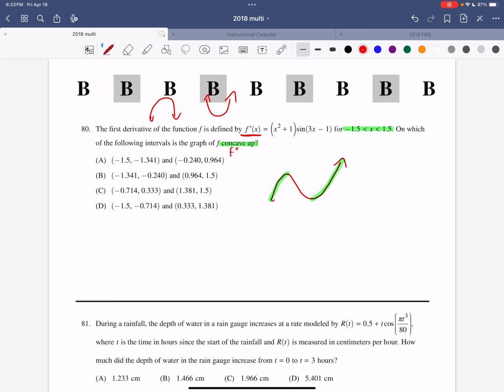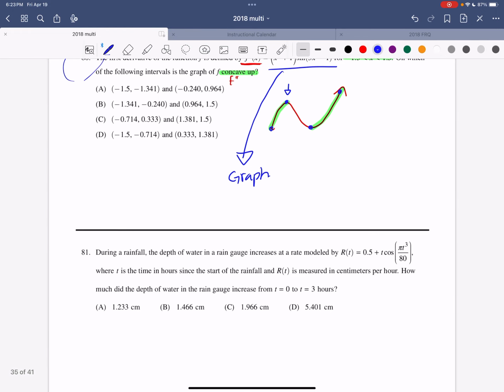And in order to do that, you gotta know this maximum, this minimum, this maximum. So you gotta find these points. And maybe I will show you how to do this one in the calculator. But what you can do is you just put this one into the graph. But I will come back to question number 80 in another video, I guess.